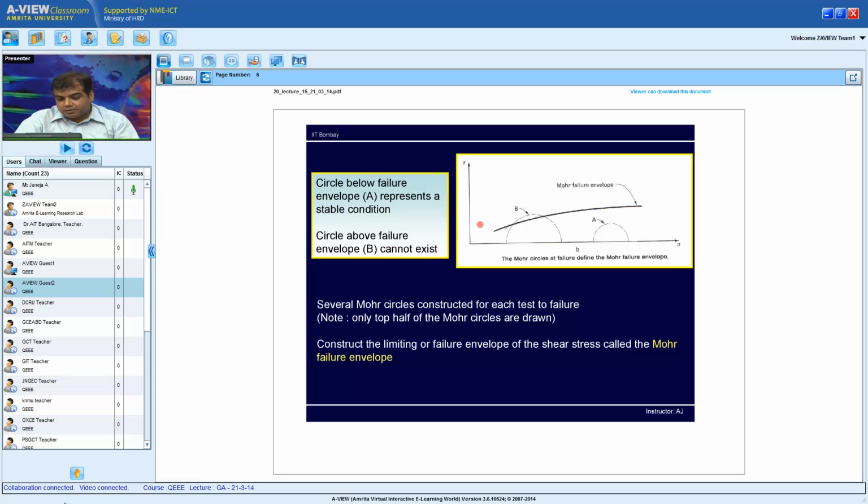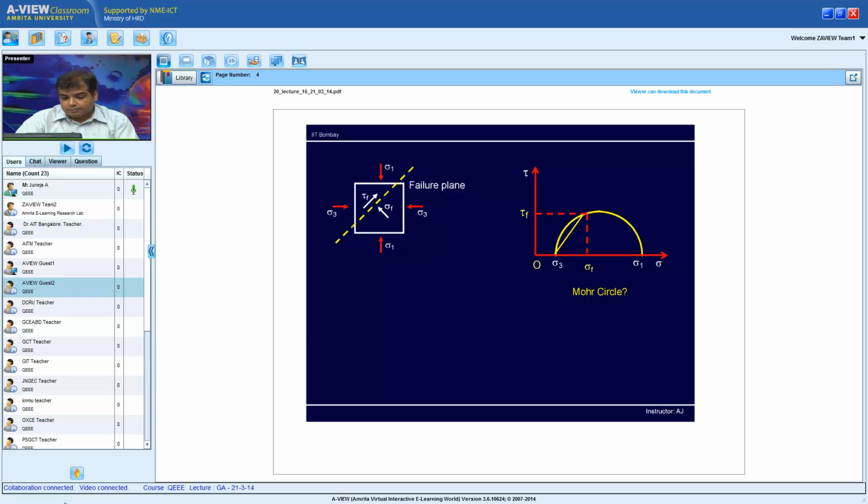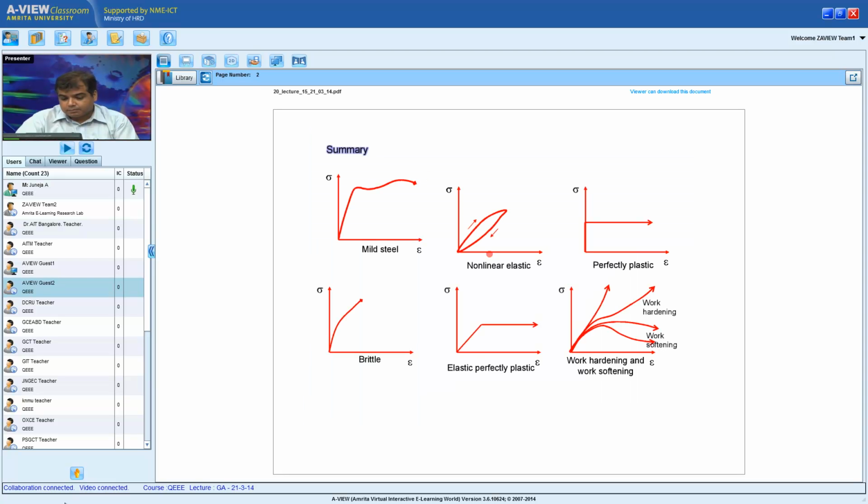If we have a Mohr circle which is lower than the envelope, smaller than the envelope, we normally call this state an elastic state. That's what is assumed if you have not reached the failure envelope. Just to remind you of one of the figures we looked at last, in this figure we said it's elastic up to the yield point, and in this figure the yield point and the failure point are the same.